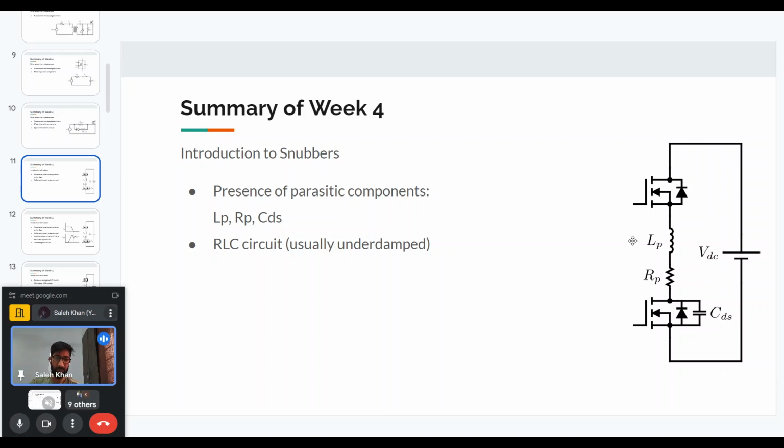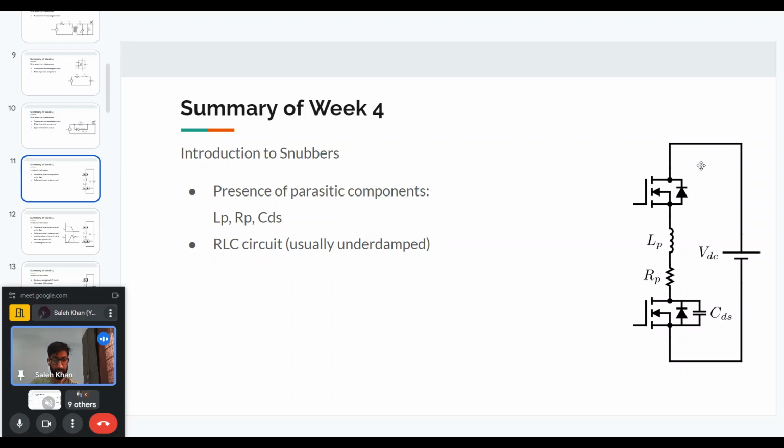In a half bridge, we consider there will be two devices and a DC source. But in actual practical cases, there will be some other parasitic components. Any wire that you have will have its own resistance and its own inductance. It will be very small, but it will have some small value of resistance and inductance. Similarly, between any two conductors, you will have some capacitance.